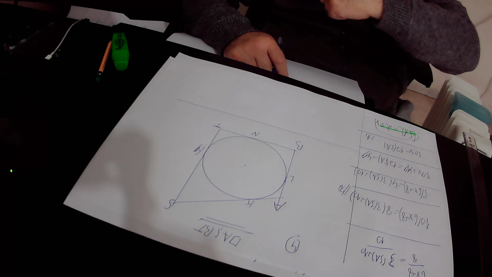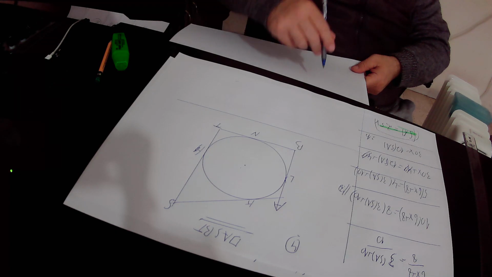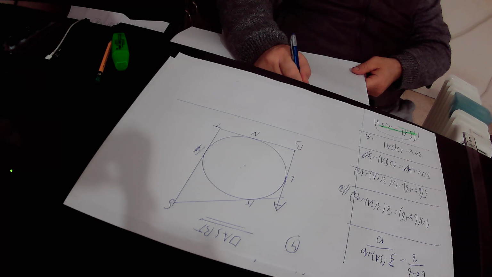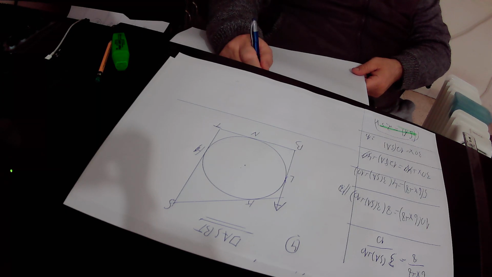And according to rule 2, they are equal to each other. So that is to say, AL equals AK according to rule 2.